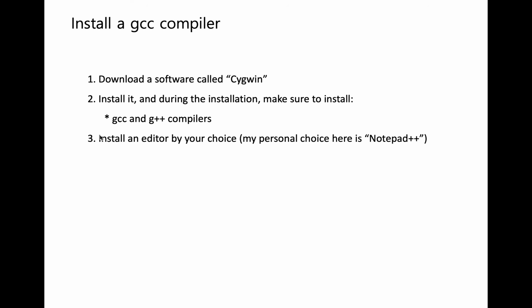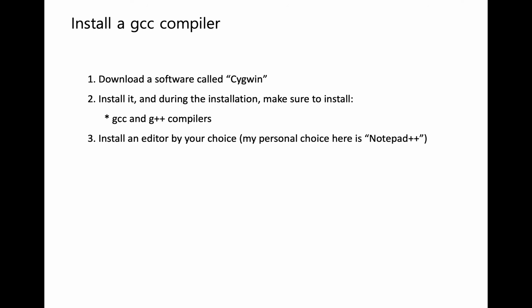So the third step is installation of an editor of your choice. It's completely up to you where you want to be typing in the source files. In the beginning, I believe in the first 2 or 3 weeks, you are not going to be writing any source files, but you will be only reading and trying to understand how the sockets are created and how the connection is established.